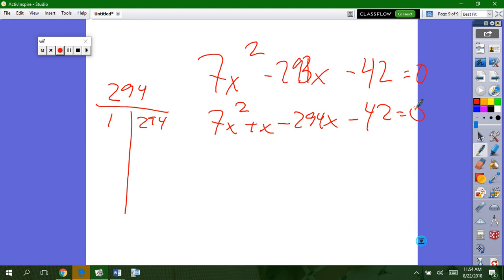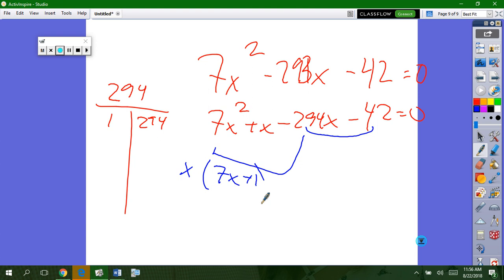Okay, here we go. What do the front guys have in common? That's going to help us on the next part. They have an x in common. Left with 7x plus 1. What do the back guys have in common? 42. You want to know how I knew that? Because see how this is a 1?